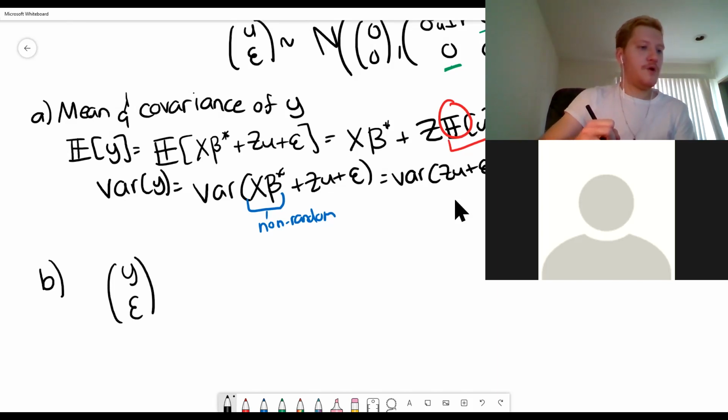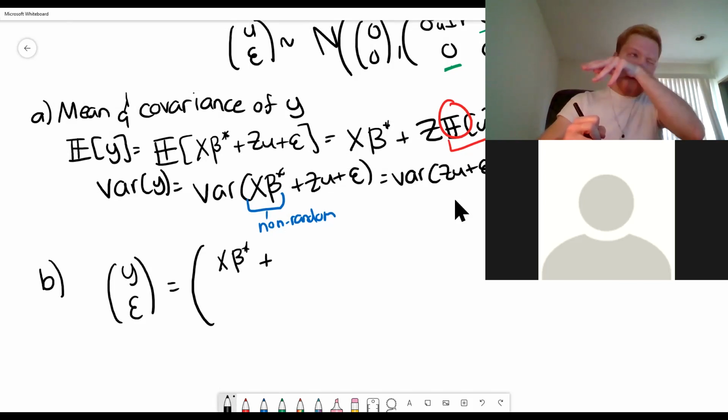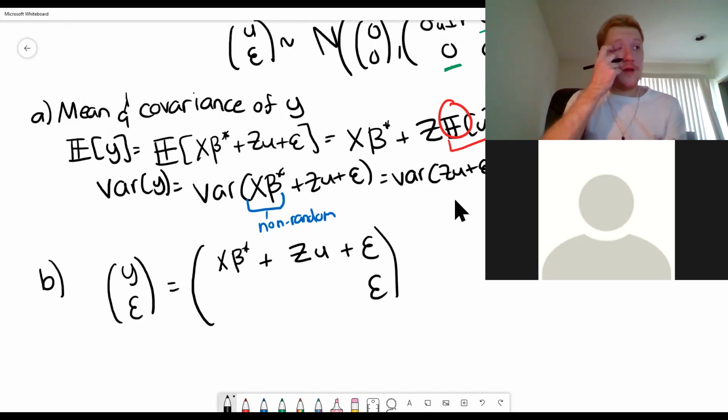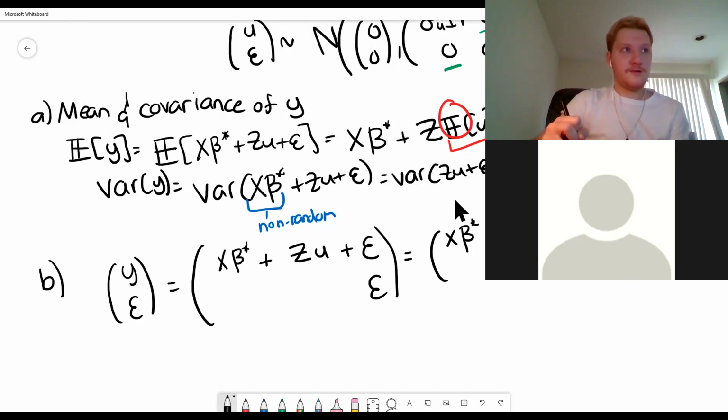I'm going to write y as x beta star plus zu plus epsilon, because that's what y is, and then the second entry is just epsilon. Now I'm going to write this in an even odder way: as x beta star and then 0. So this is a non-random vector.